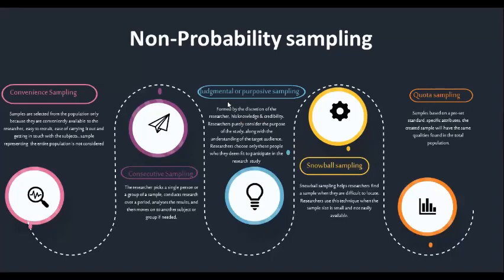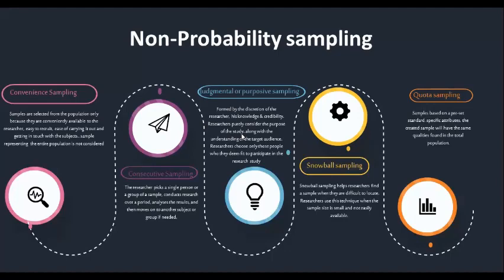He does not have any fixed rule that he will do it systematically or randomly. Whoever he thinks has the ability to be his sample, he will choose accordingly. He uses his judgment and his discretion to choose his subjects.